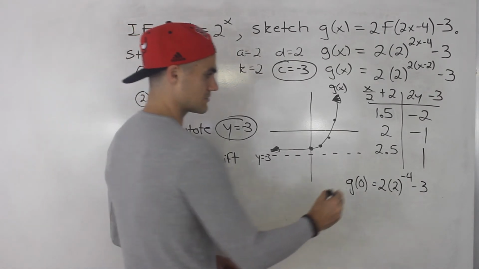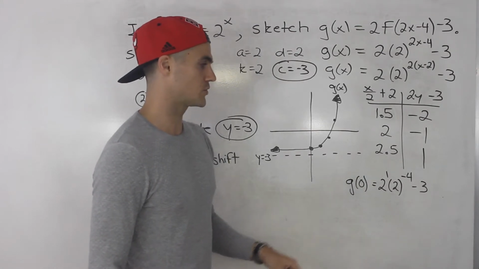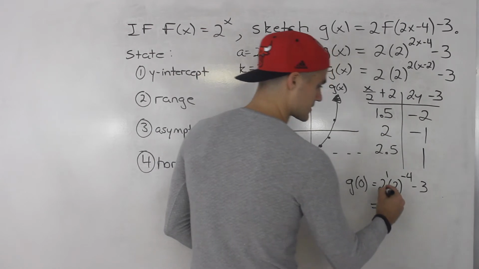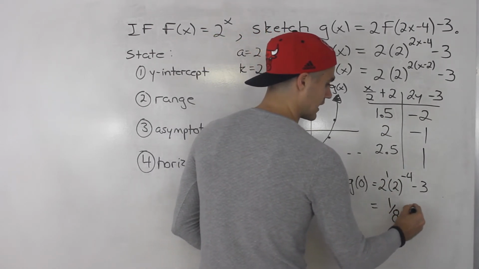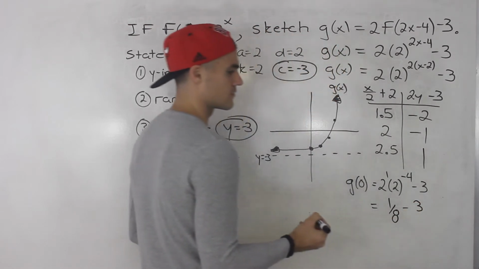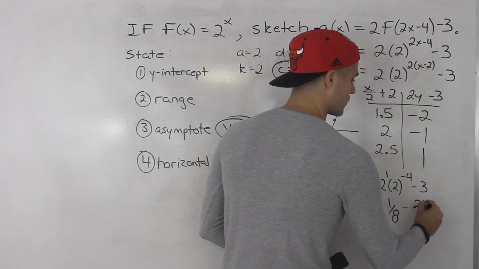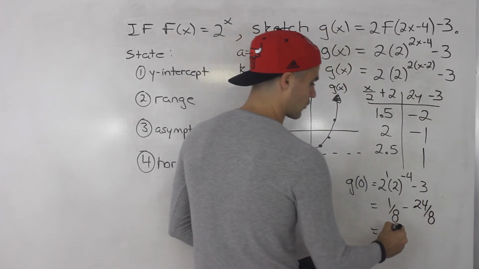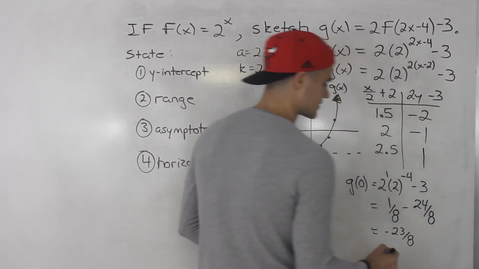So this simplifies to what? We got 2 to the power 1 times 2 to the power negative 4, which gives us 2 to the power negative 3, because they're the same base, and that would be 1 over 8. And then we're going to be subtracting 3. So the 3 we could change to 24 over 8 to get a common denominator. And then 1 minus 24 over 8 gives us negative 23 over 8.